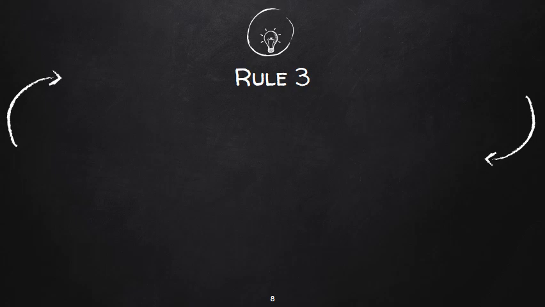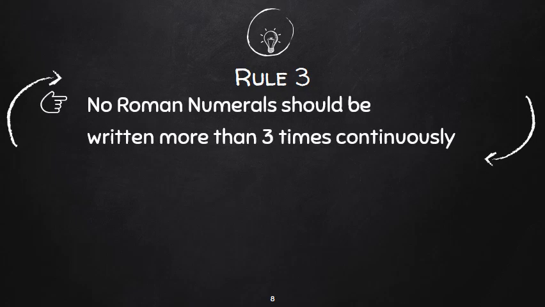Now come to rule number 3. It says no Roman numeral should be written more than 3 times continuously. Let's understand this rule with the help of an example.